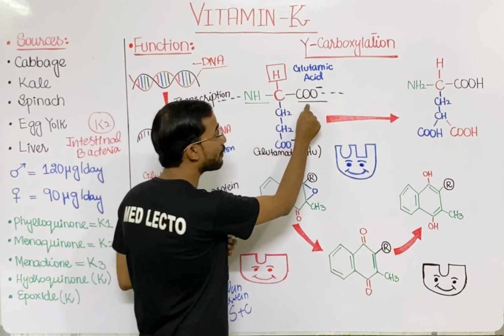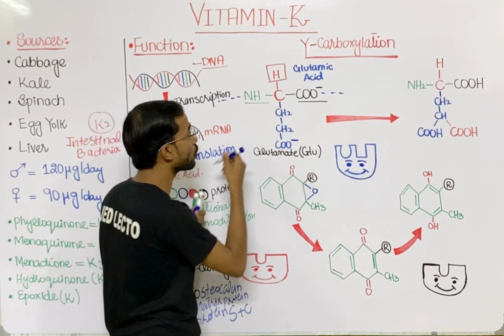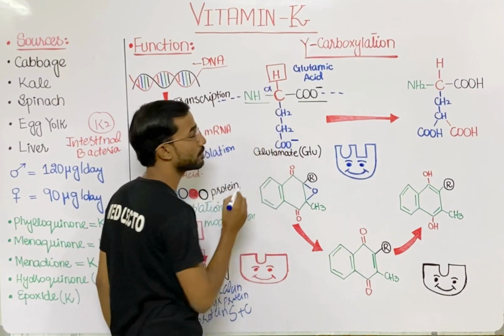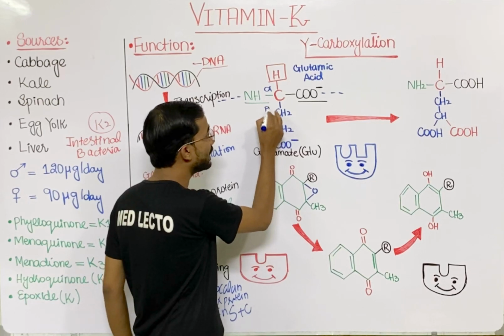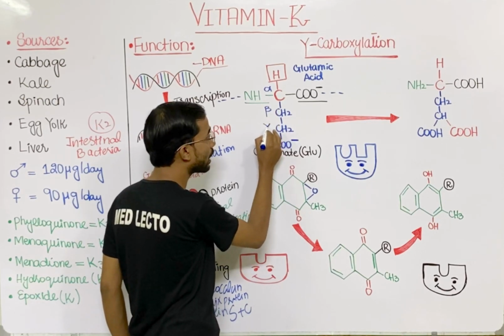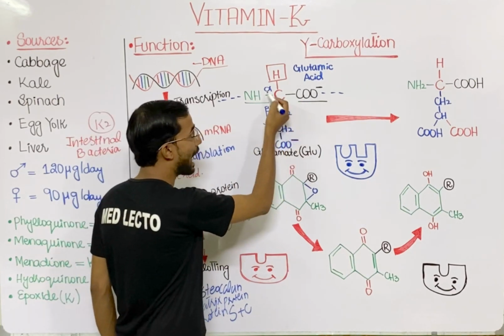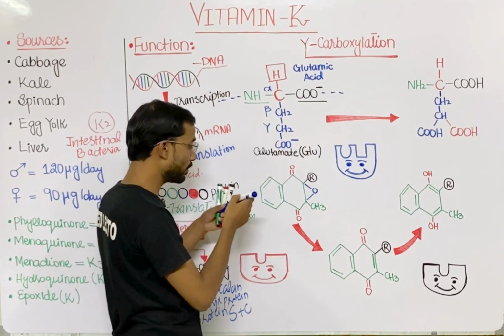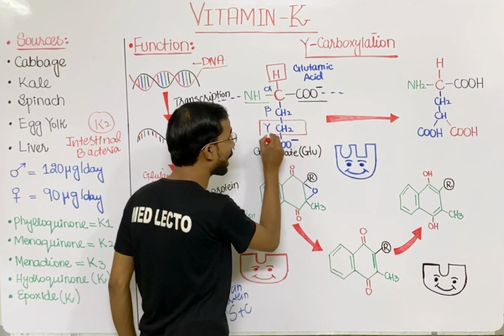Here is our main functional group. Beside the functional group you will see the alpha carbon, after that the beta carbon, and the third one is the gamma. Here is the main functional group, alpha, beta and gamma. Now you will see the addition of a carboxylate group at the gamma carbon.